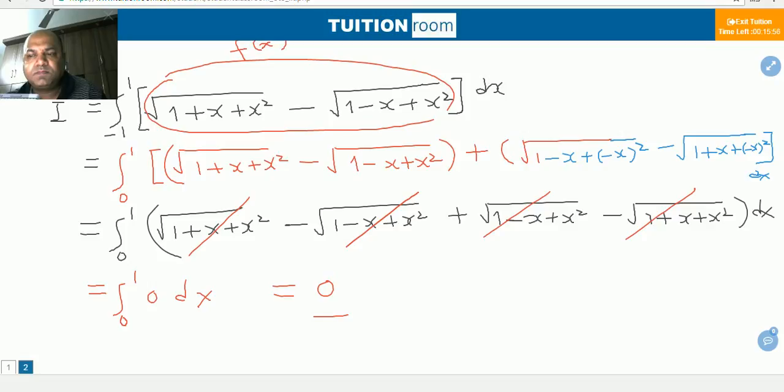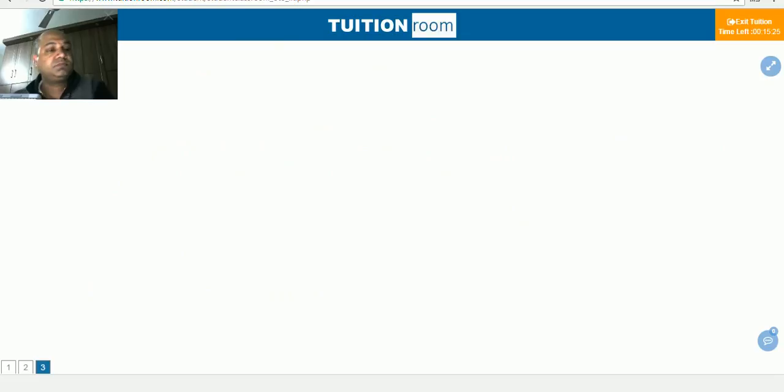First copy the f(x). Then replace x by minus x in the function f(x). Now it can be written as, it cancelled.